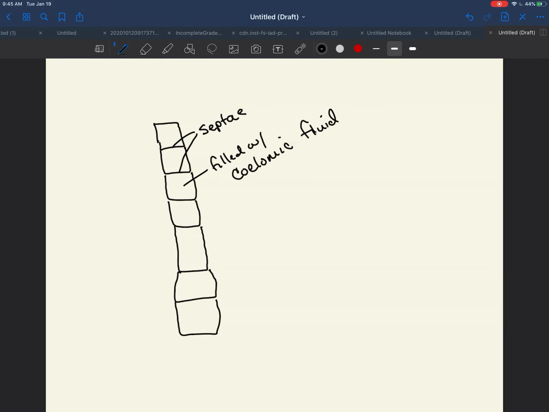So we also have on the outside muscles, and we have two layers of muscles. We have longitudinal muscles. When they contract, they cause a shortening of the segment.